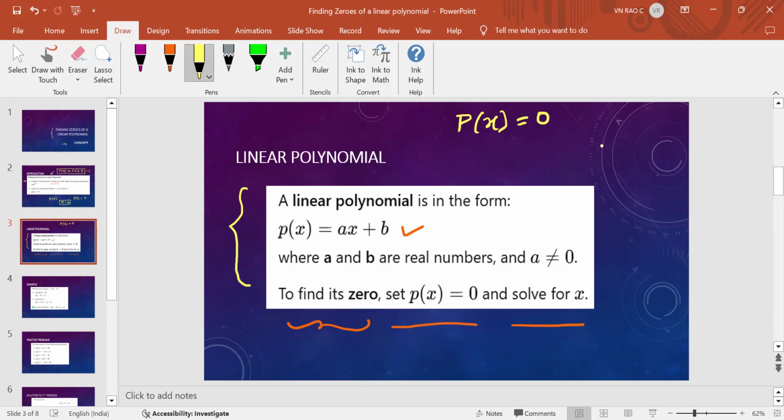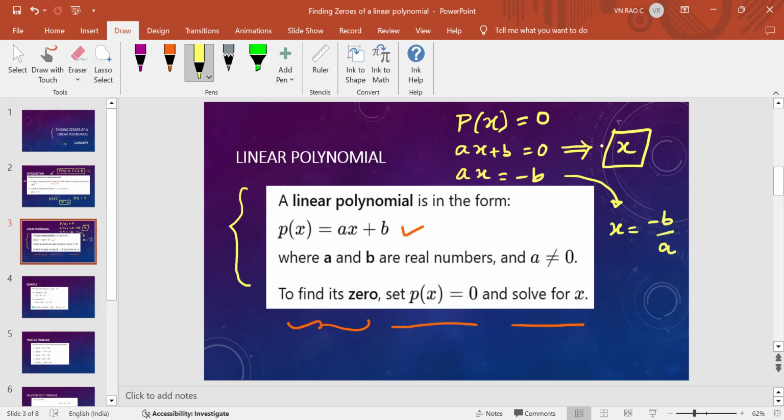Then p of x given to us is ax plus b, so ax plus b is equal to 0. From this, I solve for x, which gives me the zero of the polynomial. Taking the additive inverse, ax is equal to minus b. And from this, we can finally write x is equal to minus b by a.